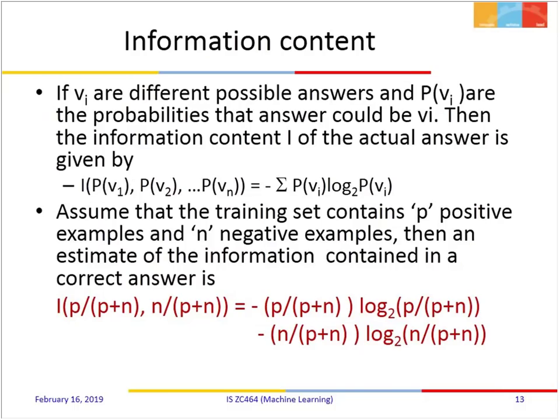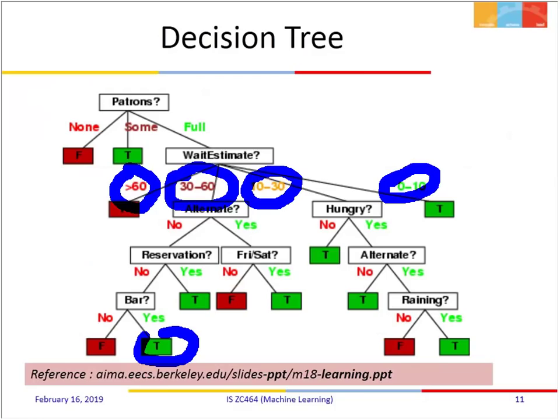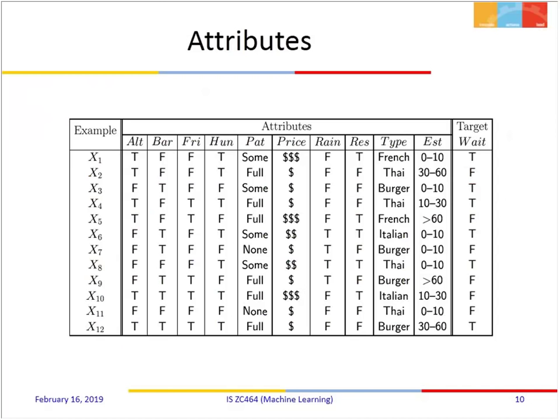So I'm answering a question from Pavan. I'm coming back to slide 11. If you have hungry as no, that is how you have to interpret what it means by true. Somewhere hungry has true: you are hungry, and you are waiting. Somewhere you are hungry, but you are not waiting. So it is just not dependent on the hungry attribute.